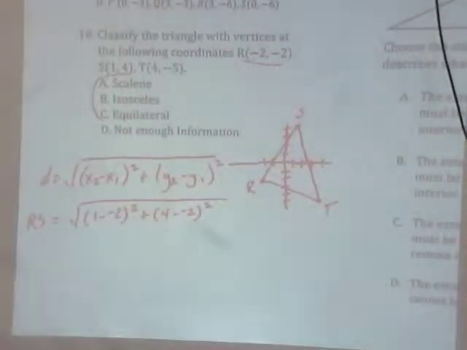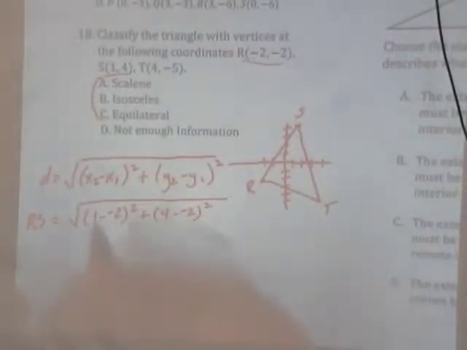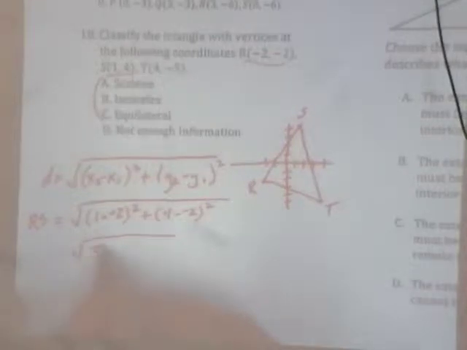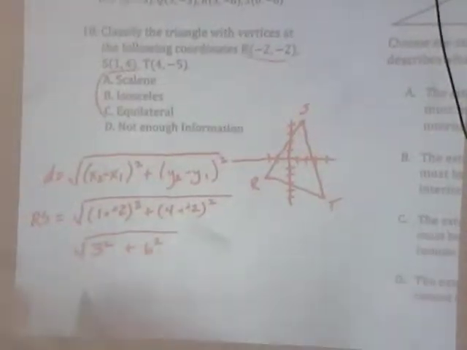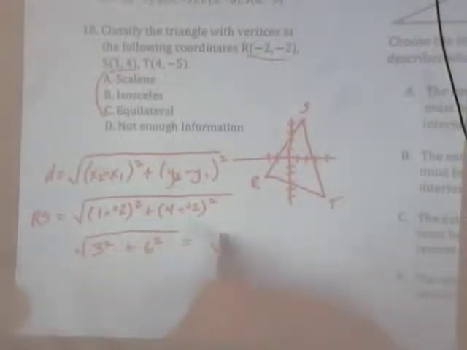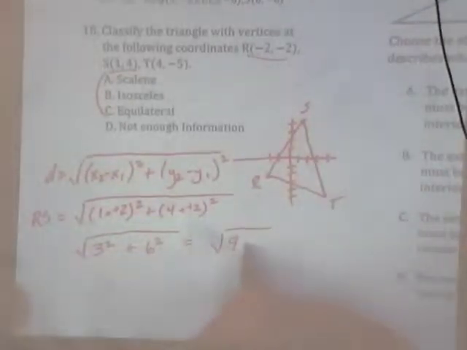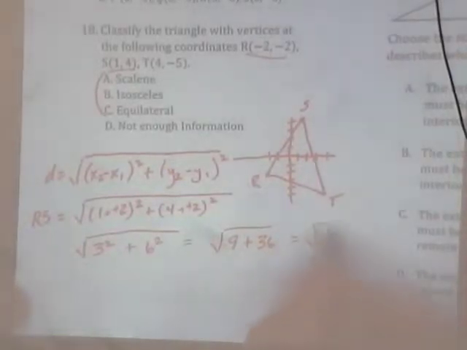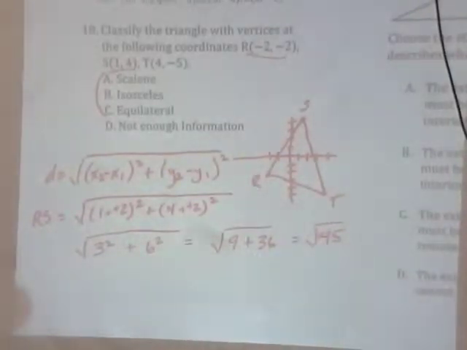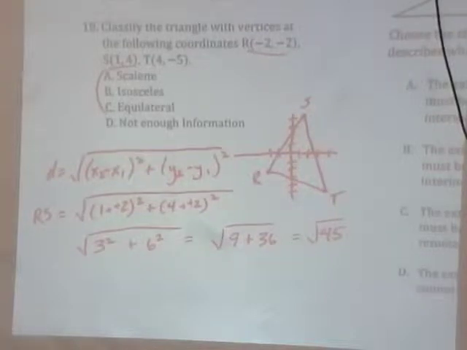What's minus a negative? It's plus, right? So that would end up as 3 squared plus 6 squared. 3 squared is 9 plus 36. So that's the square root of 45. All right, so that's RS.